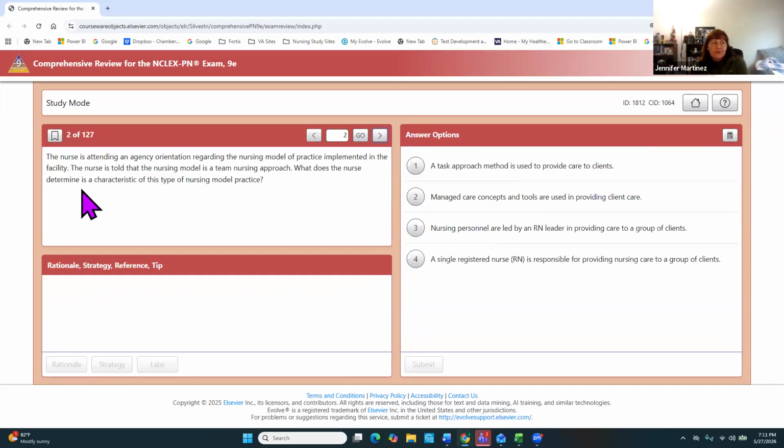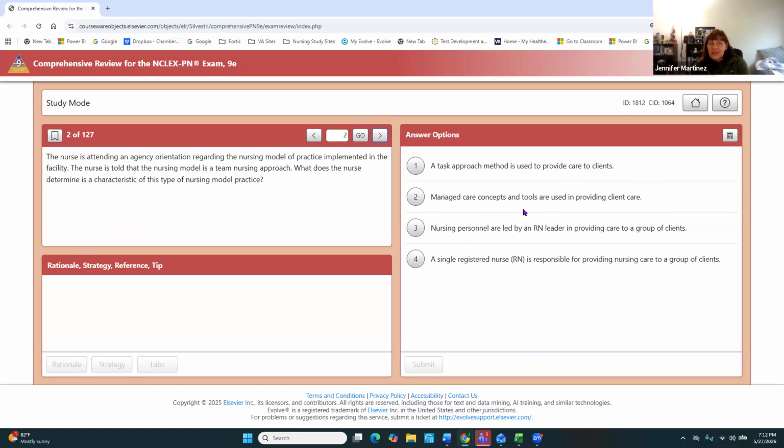All right. The nurse is attending an agency orientation regarding the nursing model of practice implemented in the facility. The nurse is told the nursing model is a team nursing approach. What does the nurse determine is a characteristic of this type of nursing model practice? So one, a task approach method is used to provide care to clients.